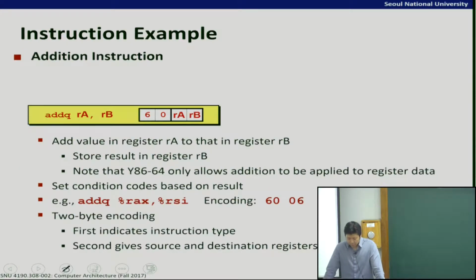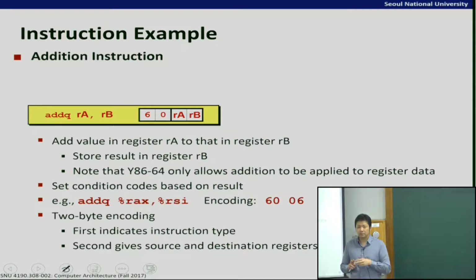We looked at a few instructions last time. Take the add instruction, for example. It takes 2 register operands, a source and a destination. If you assemble this instruction, it will be translated into 2-byte machine code.